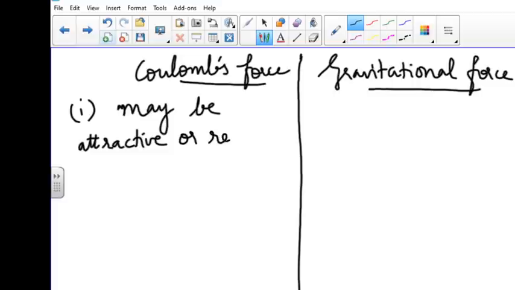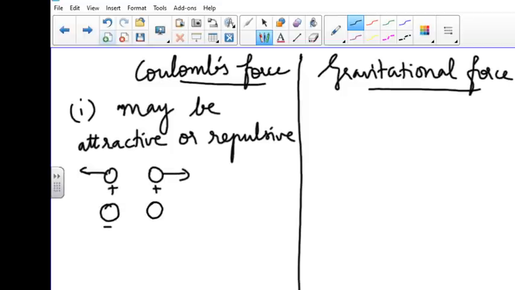That is, if two like charges are kept, there is a repulsive force between them, and if two unlike charges are kept, they attract each other. So it may be attractive or repulsive depending upon the nature of the charge, whereas the gravitational force is always attractive.